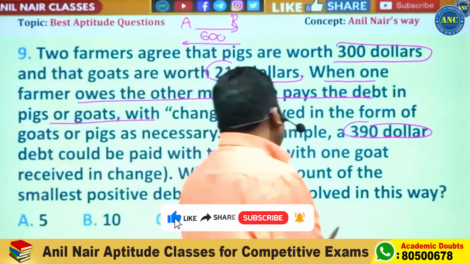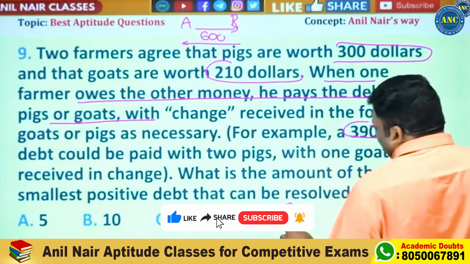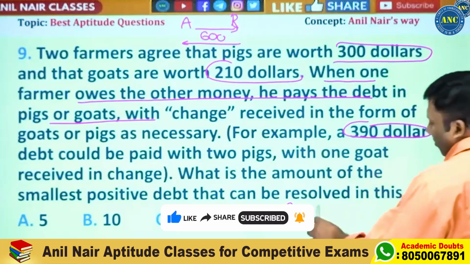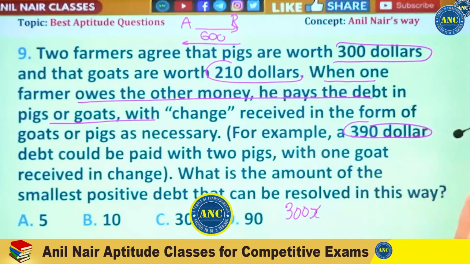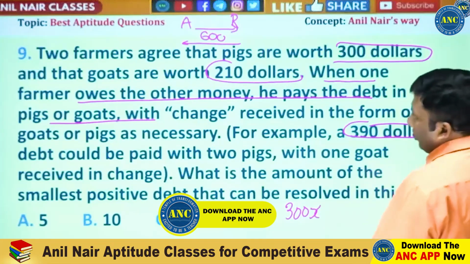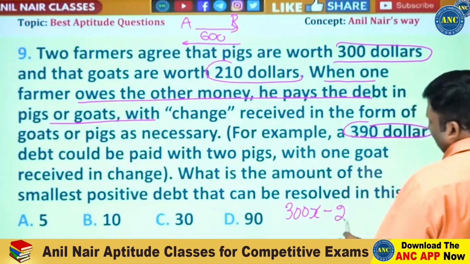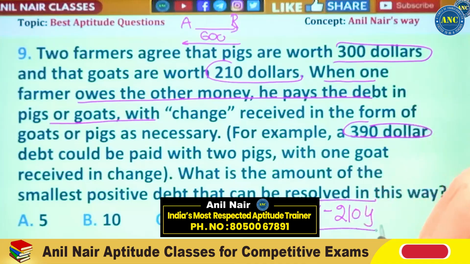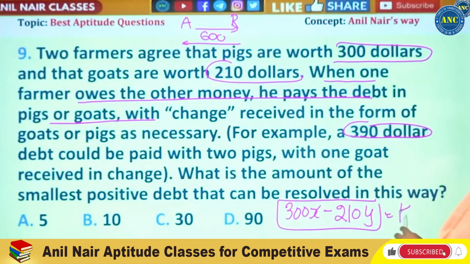So 300 is the cost of 1 pig. If I give x pigs and get change of y goats, the equation is 300x minus 210y equals k.